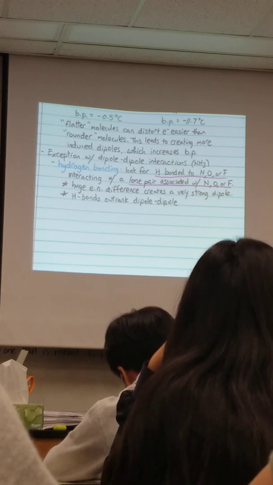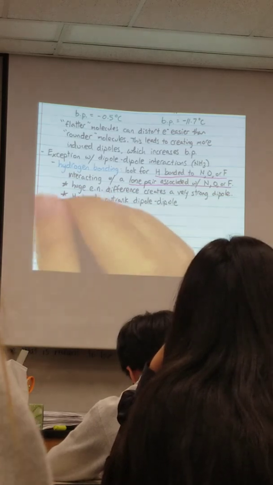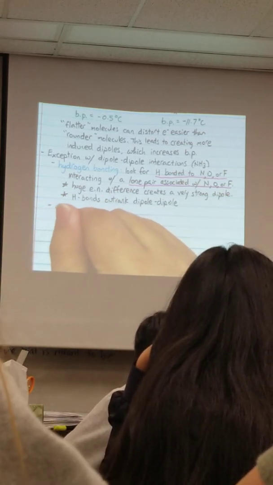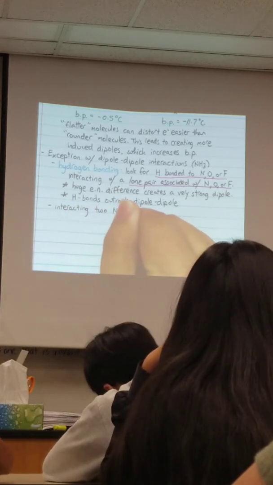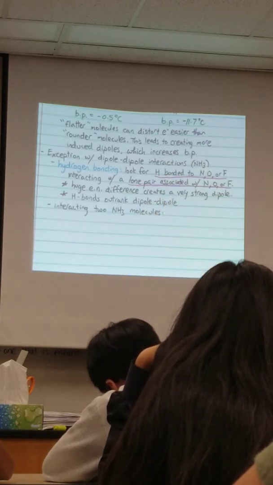The best way to show how this works is by using NH3, because that was the example we had yesterday. So I'm going to look at two interacting NH3 molecules. I'm going to draw NH3 twice.